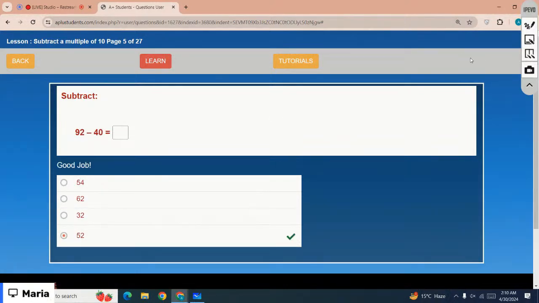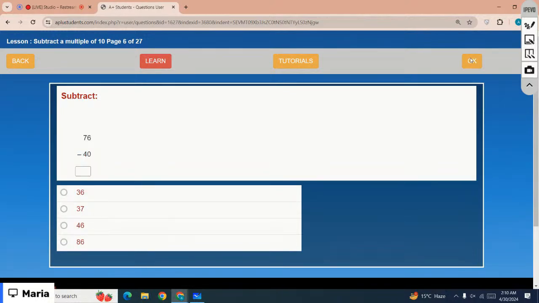Next, 76 minus 40 equals, which is the correct option?